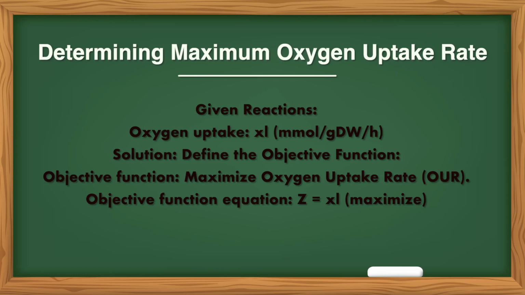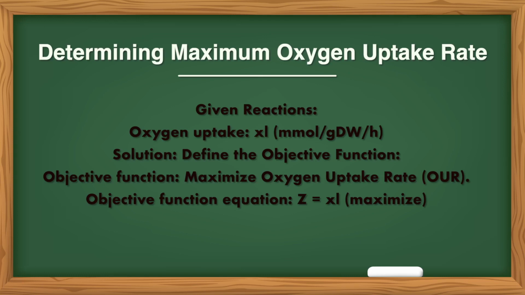Your objective is to determine the maximum oxygen uptake rate, also abbreviated as OUR, in a setup. Let us see the different reactions. The oxygen uptake rate will be x1, in millimole per gram dry cell weight per hour.